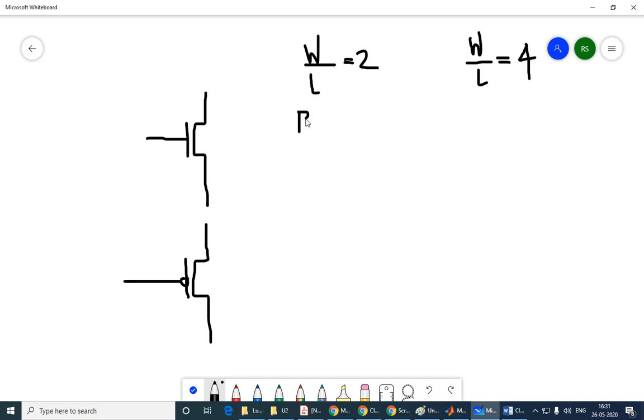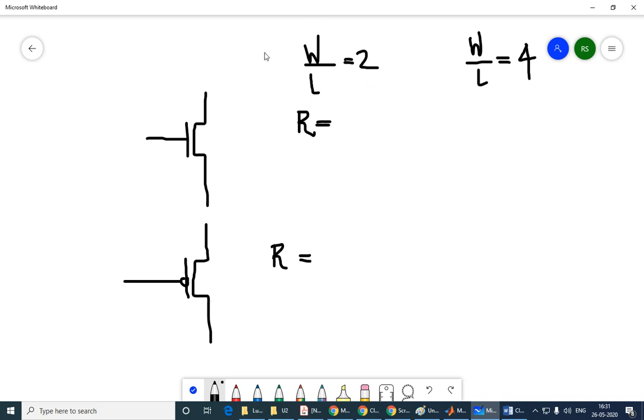R, what is the resistance associated with this transistor?